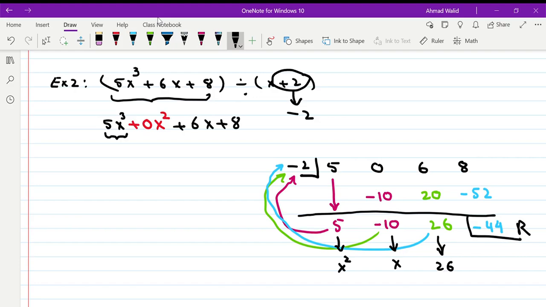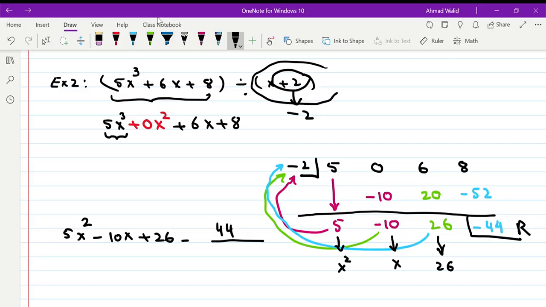Then I will write my answer as 5x squared minus 10x plus 26 minus 44 over whatever the divisor was in the original problem, x plus 2. That's your answer. We call this division synthetic division. Correct?